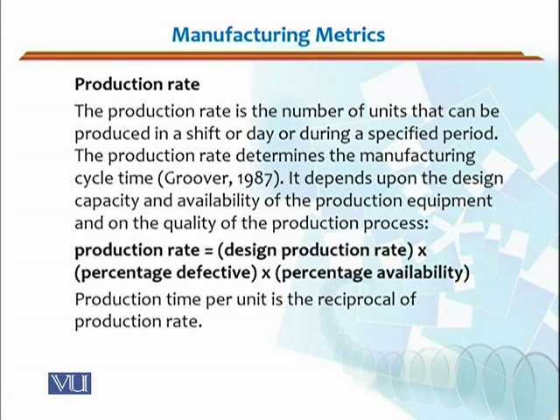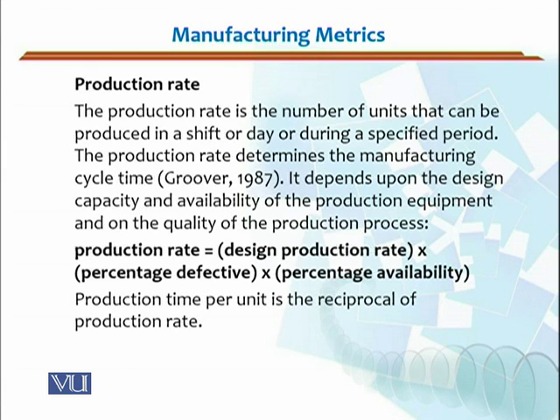The production rate is the number of units that can be produced in a shift or day or during a specified period. The production rate determines the manufacturing cycle time. It was first suggested by Groover in 1987.